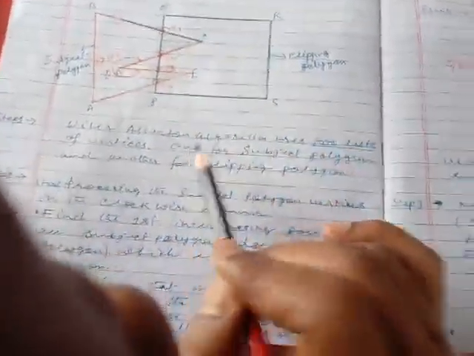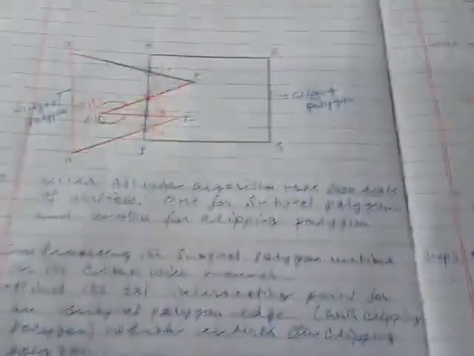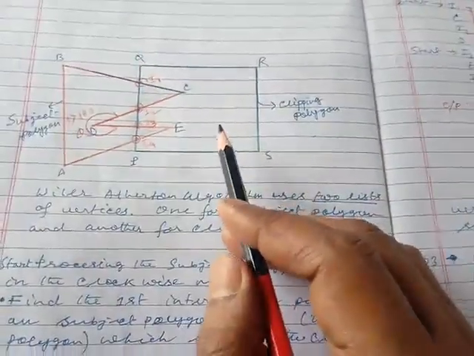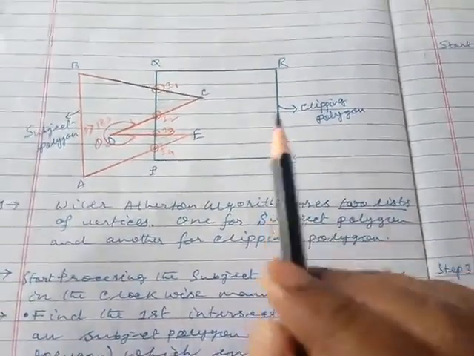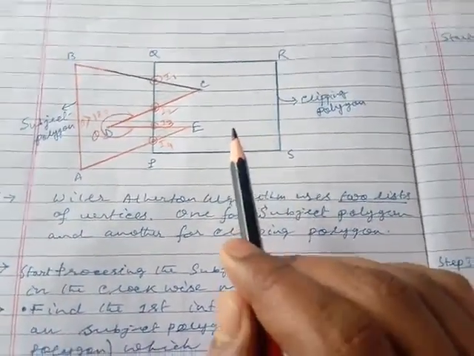Another list which I have just mentioned is the list of the vertices of the clipping polygon along with the intersecting vertices.